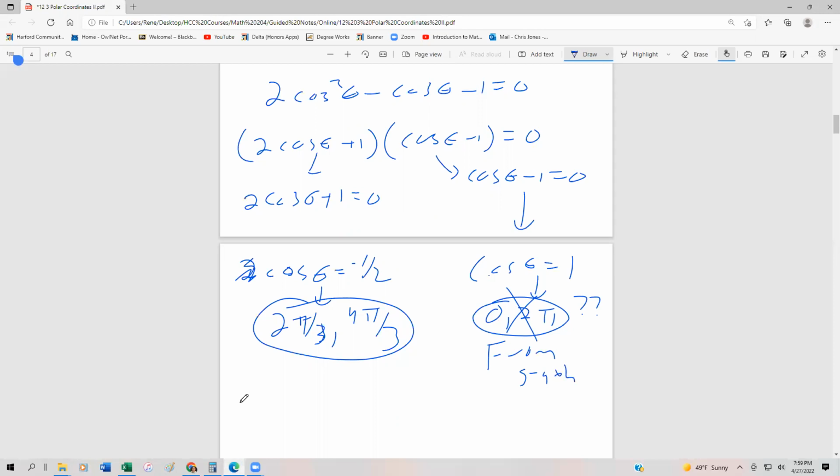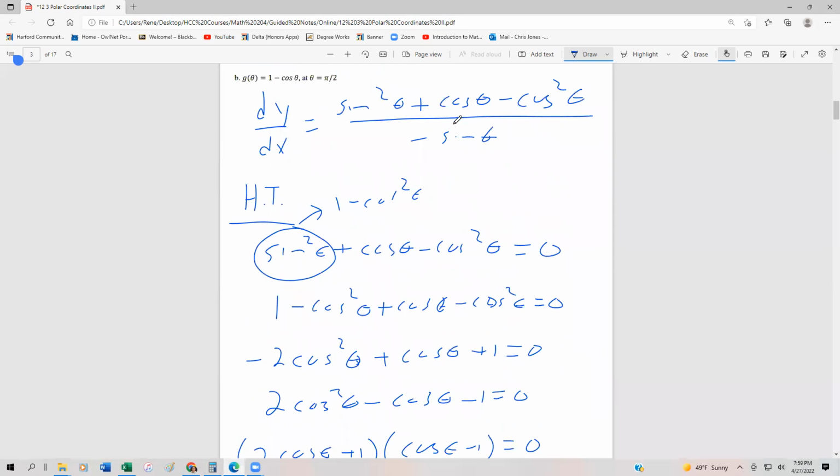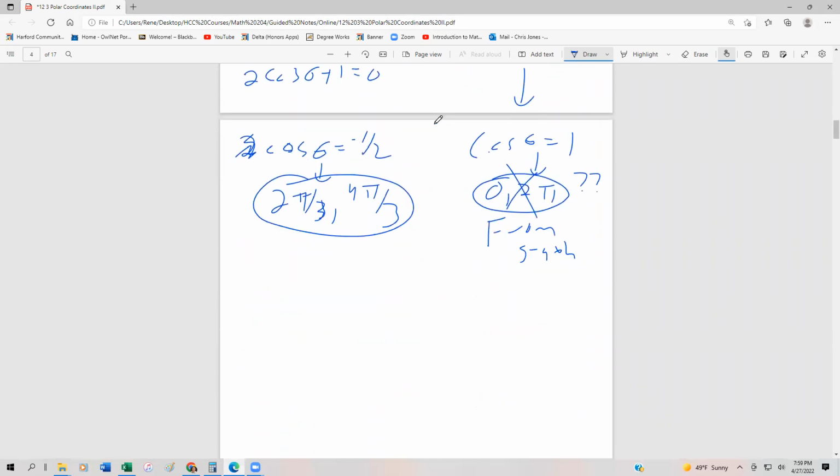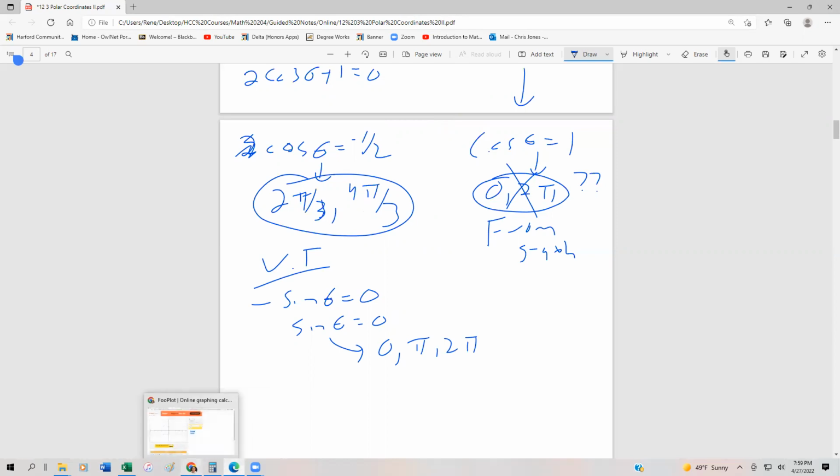Now, we also have to find the vertical tangents, which is significantly easier, because all we have to do is set negative sine of theta equal to 0. That means we have sine of theta equals 0, and this is for our vertical tangents. That happens at 0, pi, and 2 pi. Again, we're going to go back to the graph and cheat a little bit.